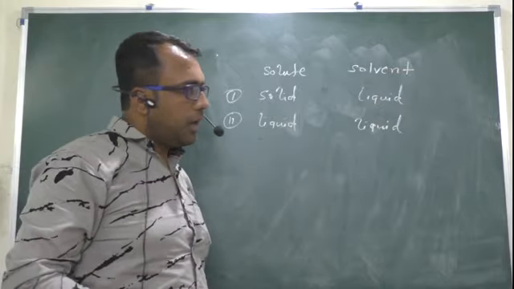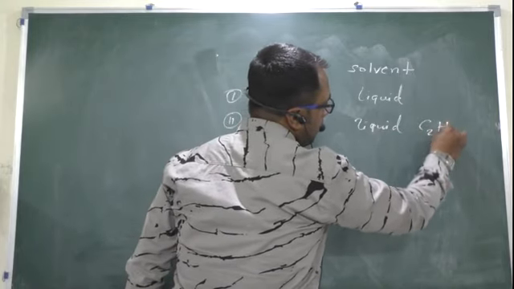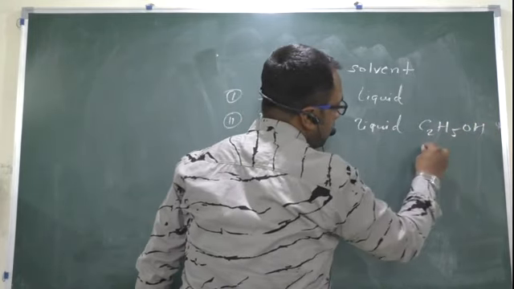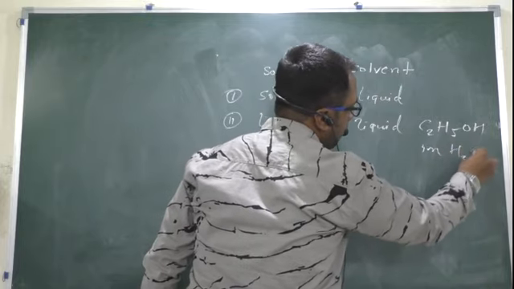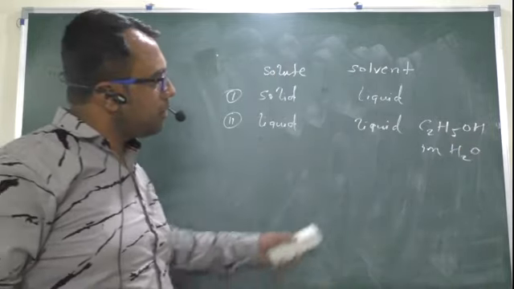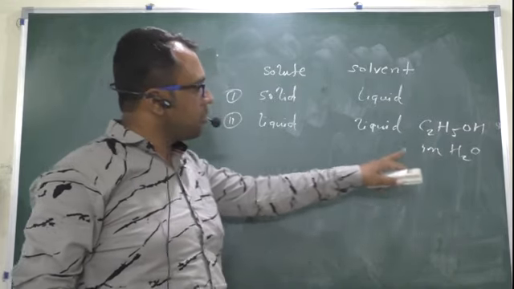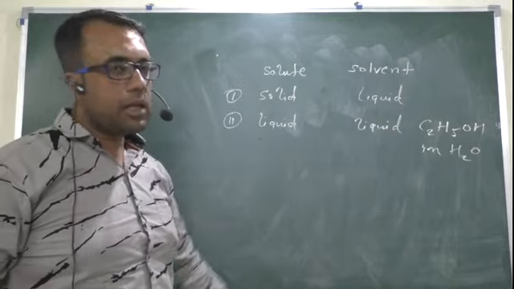For example, if you dissolve alcohol, that is ethanol, in water, this is the example of this pair, because ethanol is liquid at room temperature and water is also liquid. So solvent and solute are both liquid.